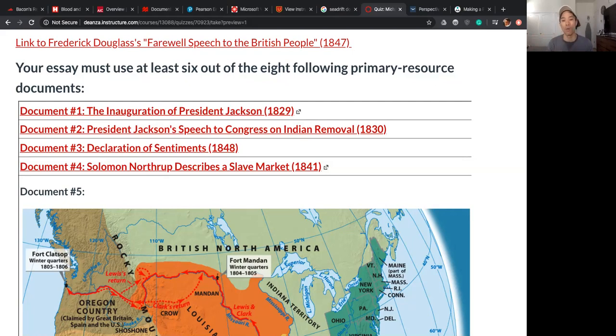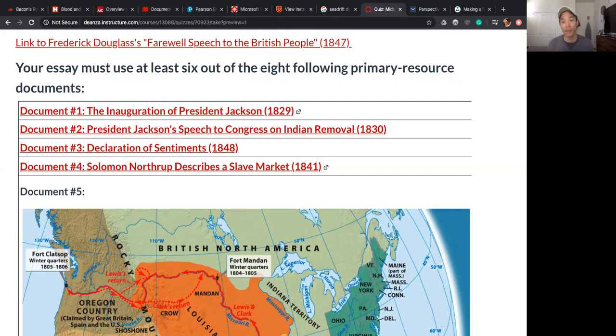You might want to think about why he wanted to remove the Native Americans, how that impacted them, and if the Native Americans are removed, who is going to benefit from that? That is where you might want to think about it. So again, I'm not going to dive too deep into it, but document number two is very self-explanatory, right? I'm asking you to think about Andrew Jackson, but I'm also asking you to think about how it relates to Native Americans, because again, we're trying to look at history from those different lenses, if you will, okay?